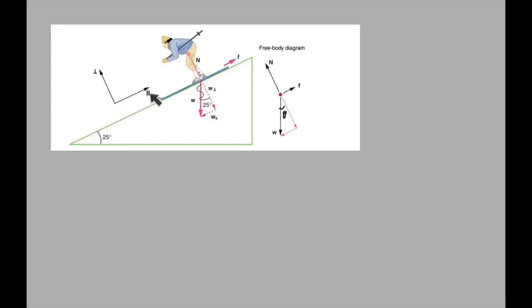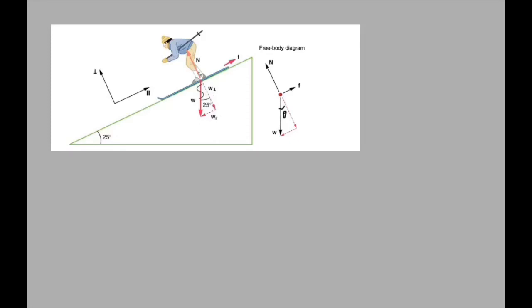So we have rotated the axes to make the x-axis along the plane and the y-axis perpendicular to the plane, which means the normal force is along the y-axis, friction is along the x-axis, but the weight of the person is neither along the x nor the y-axis.